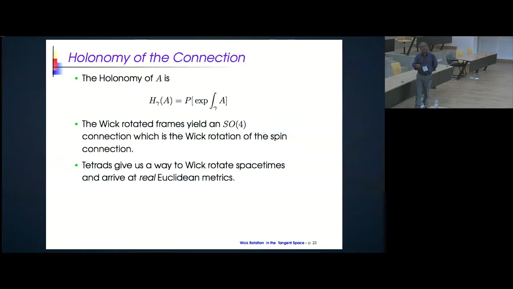The holonomy of the metric is basically the parallel transport, very similar to what I showed with the arrows. So the Wick rotated frames yield an SO(4) holonomy rather than an SO(3,1) holonomy. So what we're doing is doing the complexification within each tangent space, and it doesn't quite fit together, but it doesn't matter. Tetrads give us a way to Wick rotate spacetimes and arrive at real Euclidean metrics.